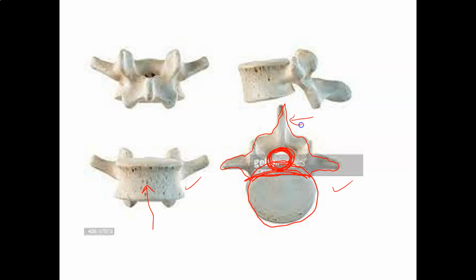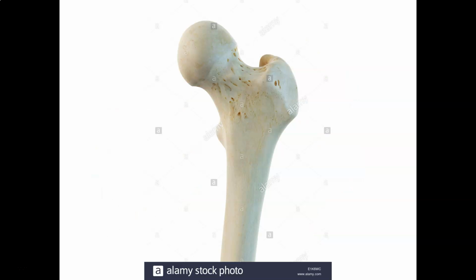This is the one that sticks out and forms your backbone that you can feel through the skin of your back. You can see these little bumps. That's caused by the spinous process. But it is this part, the vertebral body, that tends to experience osteopenia, which is reduced bone mass.